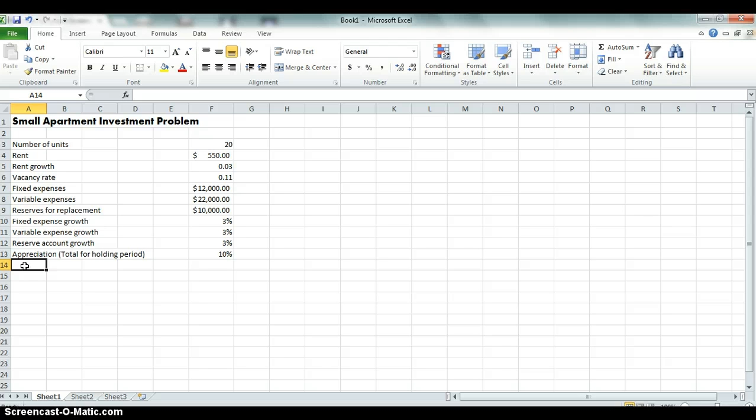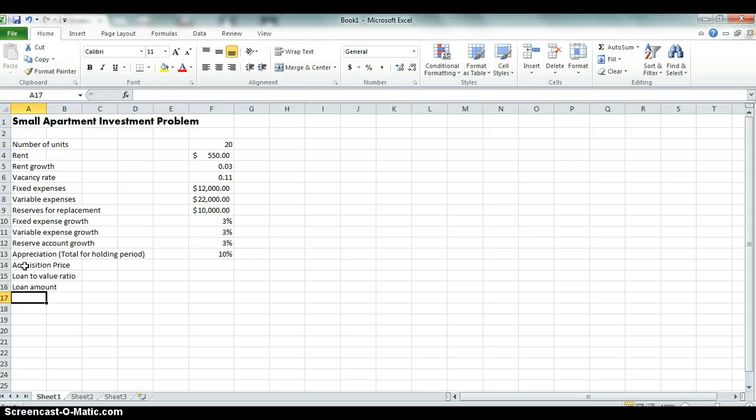And now we're going to find out the amount of money that we're going to need in order to buy this property. So we will have acquisition price, which is the actual amount of money that we will pay. The loan to value ratio, that will help us figure out the loan amount.